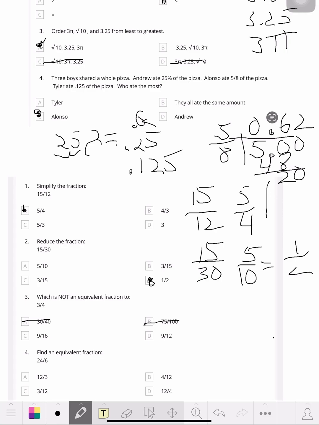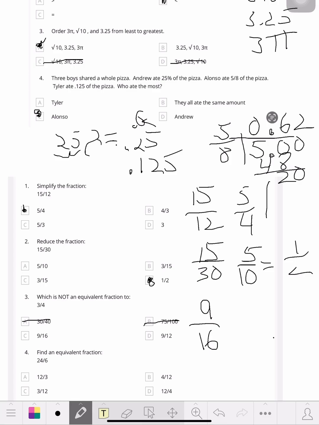Now we got 9/16 and 9/12. So what we're going to have to do is just see, hey, if we reduce 9/16, what would that be? What number goes into both of these? Really none.